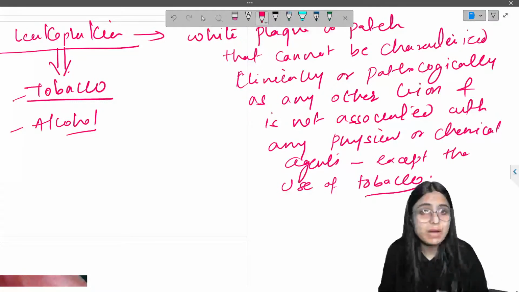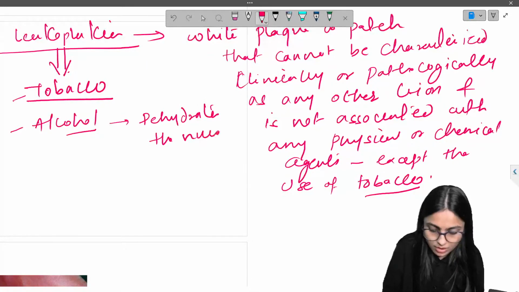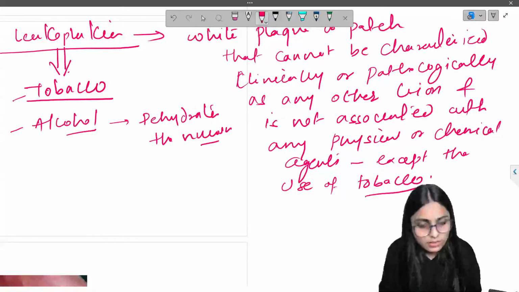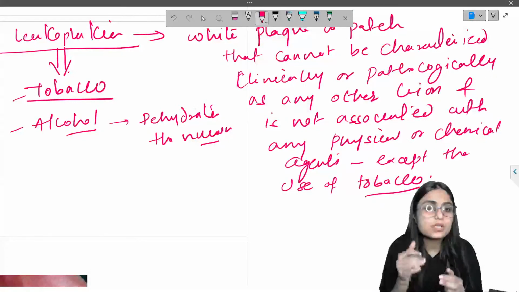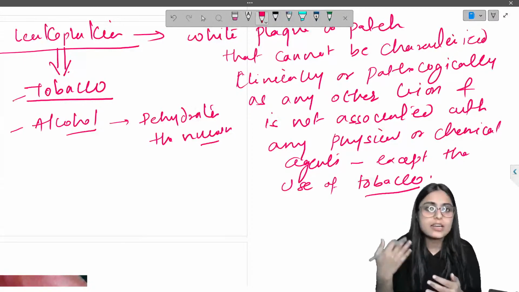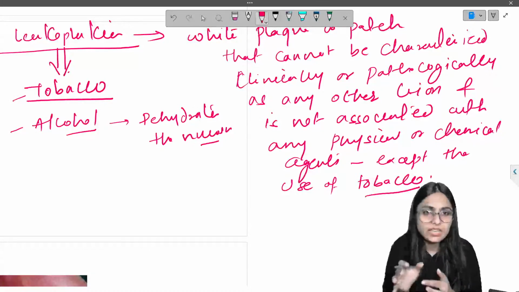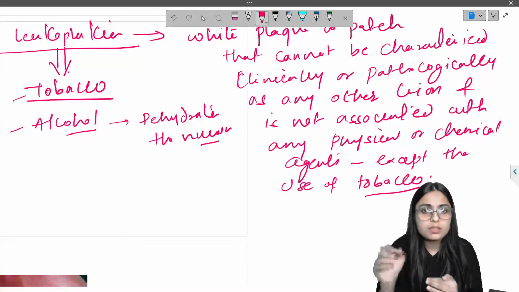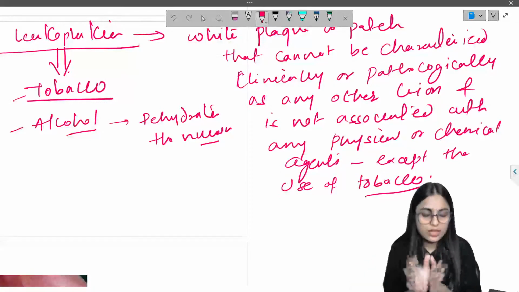Alcohol dehydrates the mucosa, making the mucosa more permeable for tobacco products to enter into the epithelium. So tobacco products enter the mucosa, and then the effects will start happening. This is how tobacco and alcohol work together.